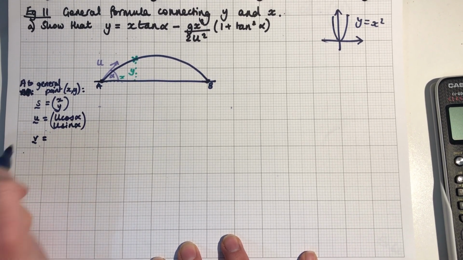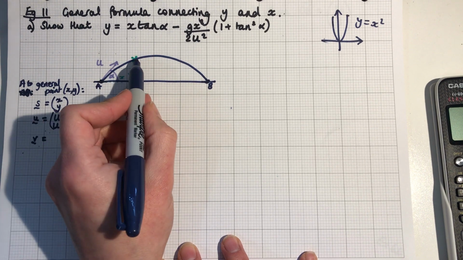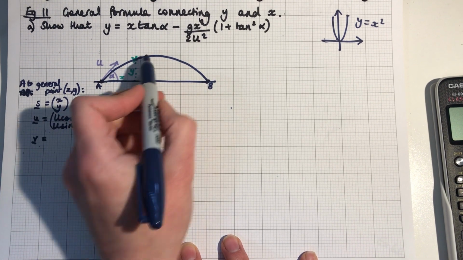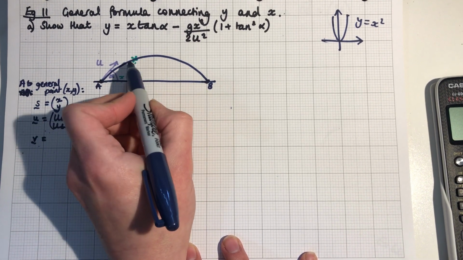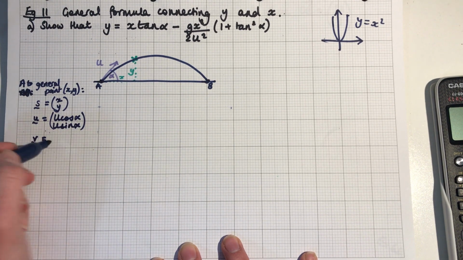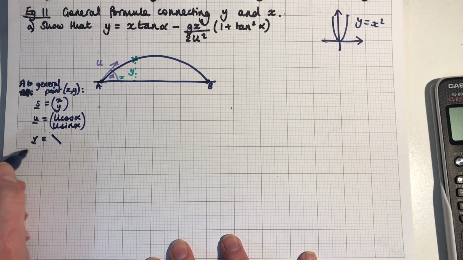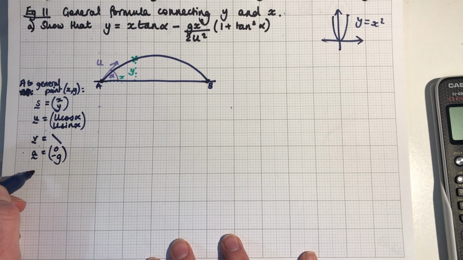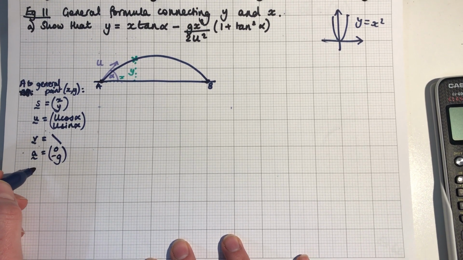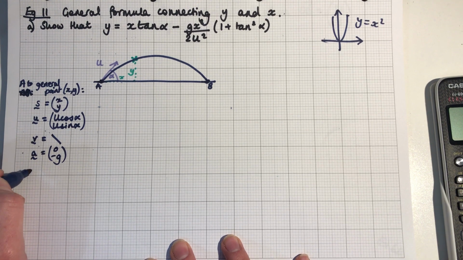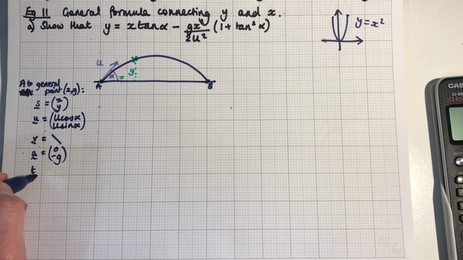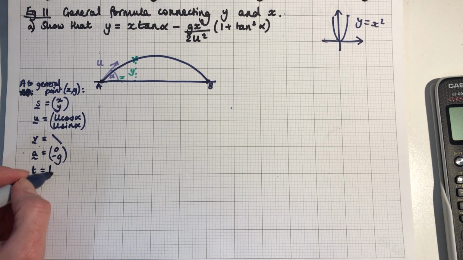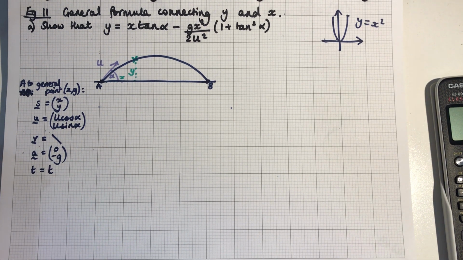V is the speed we are going at this general point. If I were to draw a tangent at the general point, that would represent the velocity there, but I'm not interested in it at the moment. A is 0, minus g, and t we'll just call t because we don't know that one. So S, U, A and t.